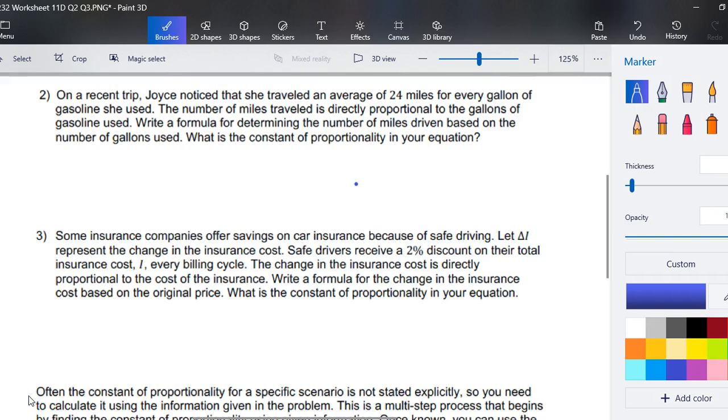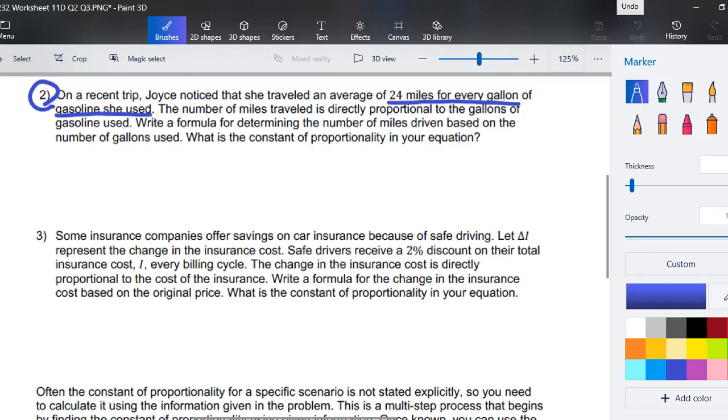Working on some more of these, and remember, hit pause, go work on them yourself, and then come back and let's work on them together. Question number 2: on a recent trip, Joyce noticed that she had traveled an average of 24 miles for every gallon of gasoline she used.